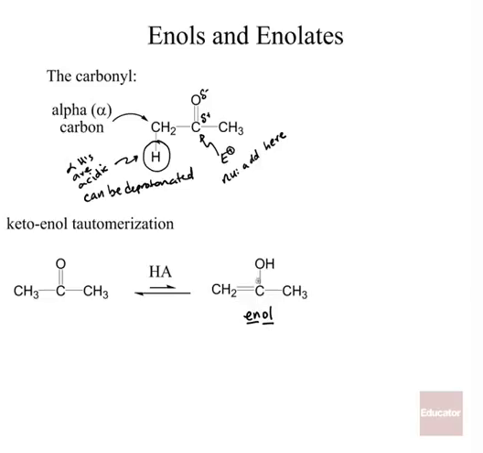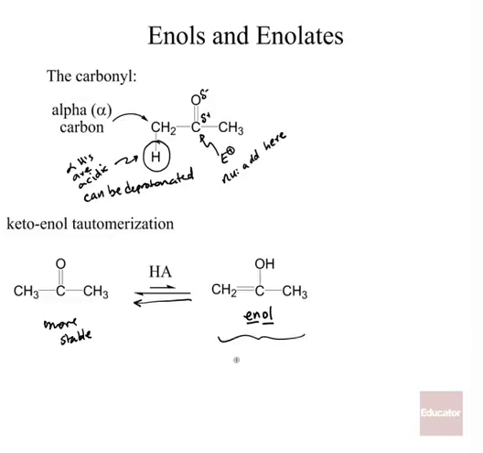The interconversion between a ketone and its enol form is known as a tautomerization. And as you can see, the equilibrium is favored in the reverse direction here. The ketone is more stable.